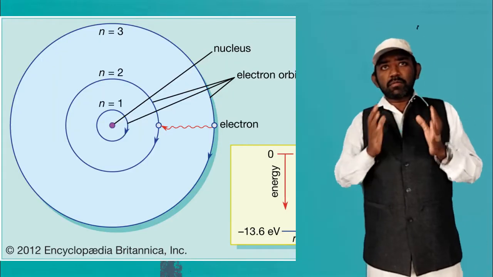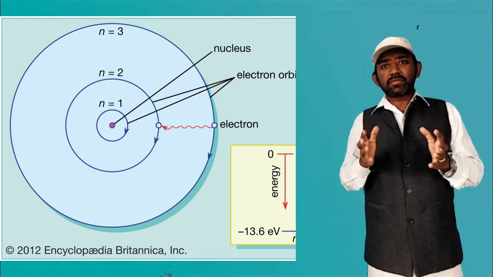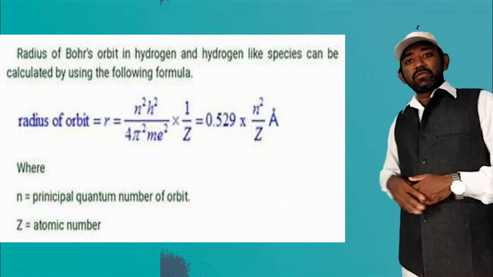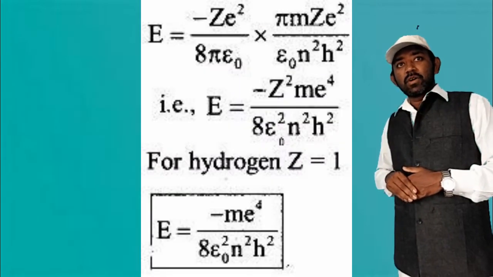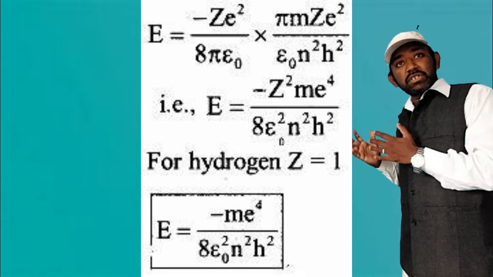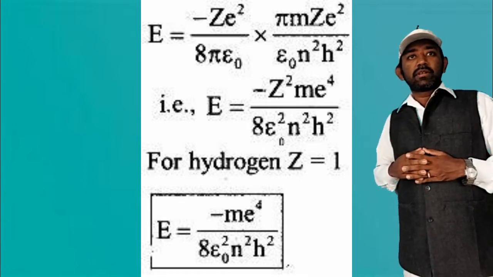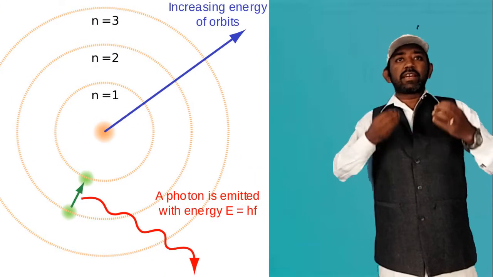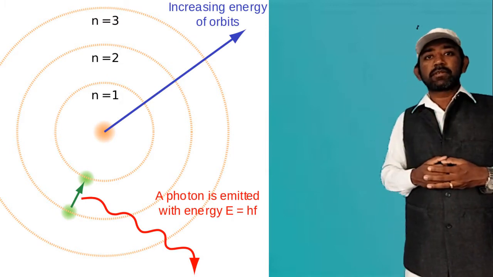By using Bohr's atomic model, we can explain the radius of the orbit and the velocity of the electrons revolving around the nucleus in a circular orbit. We can calculate the energy of the electron in the nth orbit, and also get an expression for the frequency of the emitted spectral line.